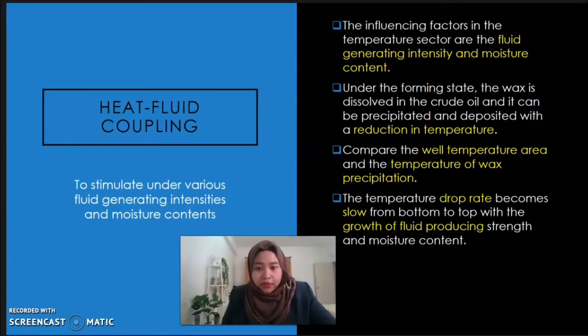Under the flowing state, the wax is normally dissolved in the crude oil, but it can be precipitated and deposited with a reduction in temperature. By comparing the well temperature area and the temperature of wax precipitation, the wax location can be determined. The temperature drop rate becomes slower from bottom to top with the growth of fluid producing strength and moisture content.